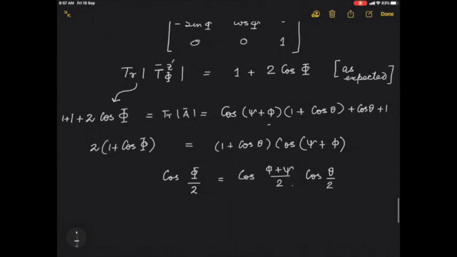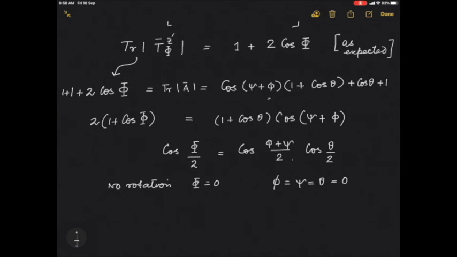The only thing is that I can choose a plus sign or minus sign, because what comes is the square on the left hand side equal to the square of the right hand side. But then you will expect that if there is no rotation, that means phi equals 0. So the left hand side will be 1 and the right hand side will also be 1. So phi equals psi equals theta equals 0. If capital phi equals 0, the left hand side is 1.